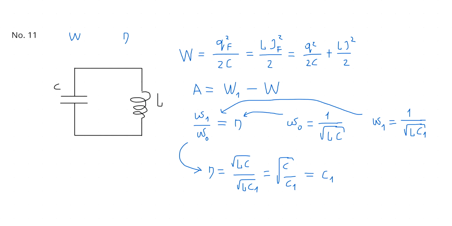Capacitance after manipulating, C1, is equal to C divided by eta to the power of 2.